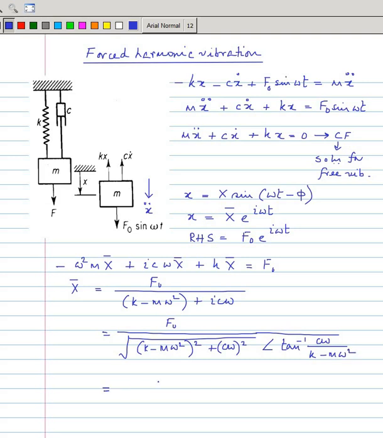Which means this is F naught, the angle is minus tan inverse.